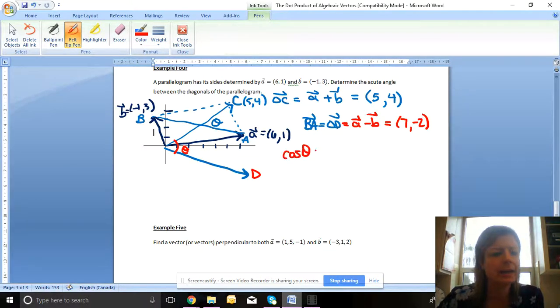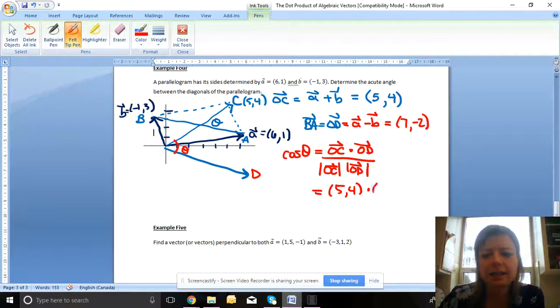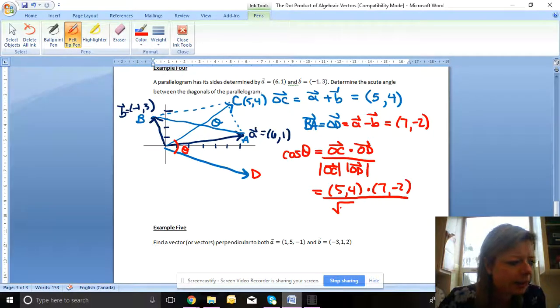So cos theta is equal to the dot product of OC with OD divided by the magnitude of OC and the magnitude of OD. So this dot product becomes 5, 4 dotted with 7, -2. And then we have the square root. The magnitude of OC is root 41, and the magnitude of OD is root 53.